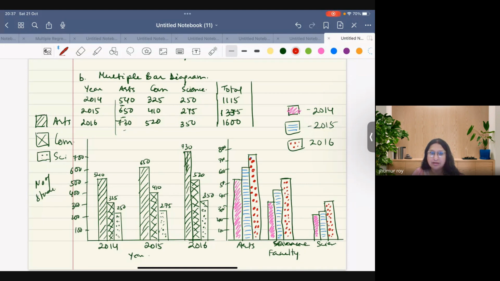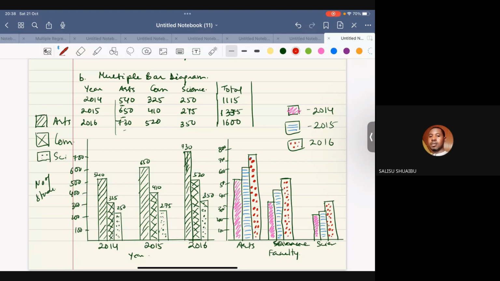So I just wanted to draw these two so that you know that the same question can be drawn in different ways. But for your exam, if one question comes, you just have to draw one kind of diagram. You don't have to draw all the different kinds of diagrams. Okay, noted. Thank you so much, ma'am. Otherwise, everything is well understood.